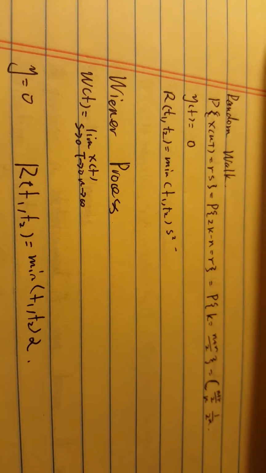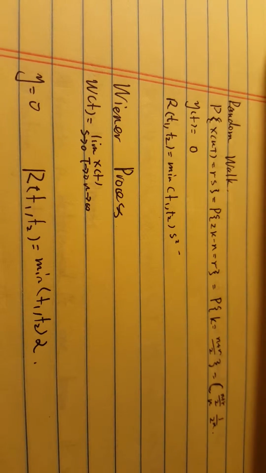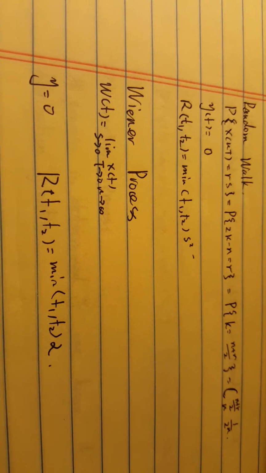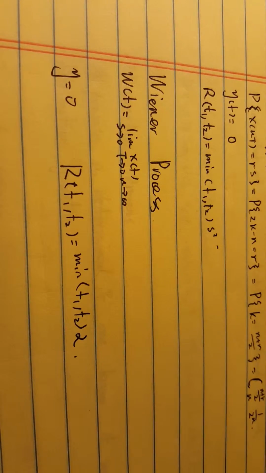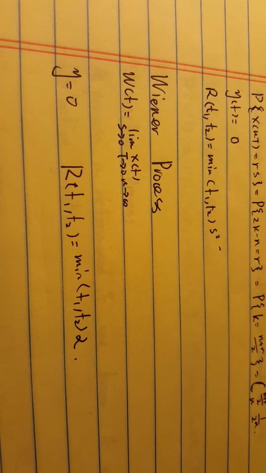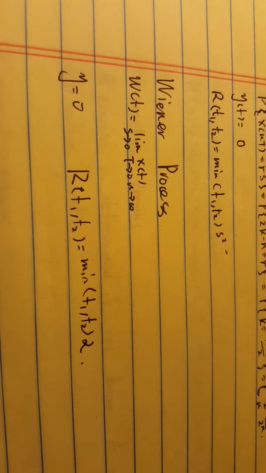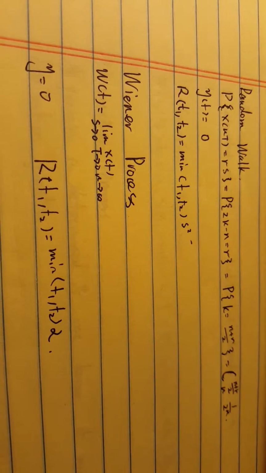So we can easily calculate the probability mass functions, mean expectations and autocorrelation functions. And if we take some limit, such as s going to 0, t going to 0, and n going to infinity, the random walk process goes to the Wiener process.